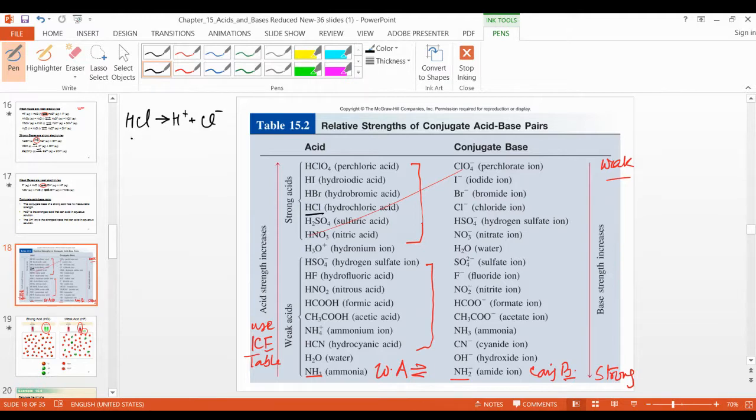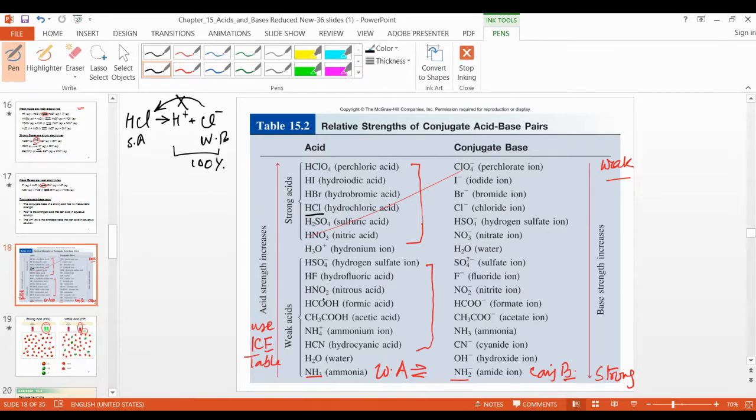So the acid is strong and Cl minus is a weak base, the conjugate base for this acid. So it cannot react with H plus, very weak. So this will not get back again. That's why you get 100%.